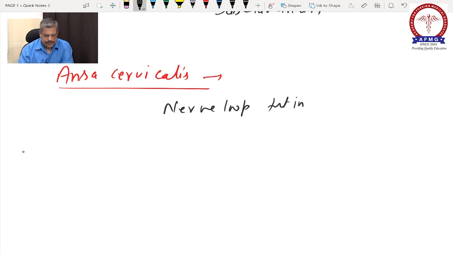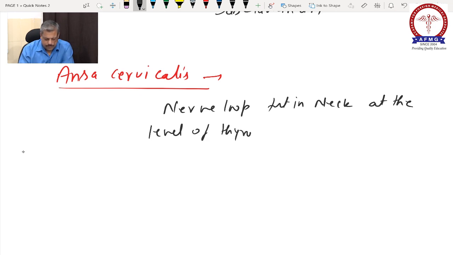That is why it is called ansa cervicalis. It lies at the level of the thyroid cartilage of the larynx.